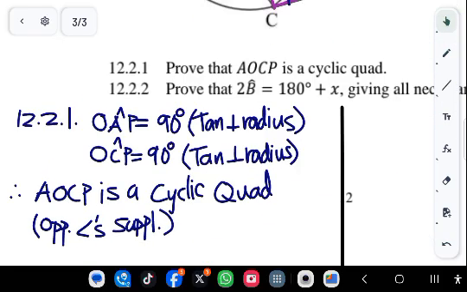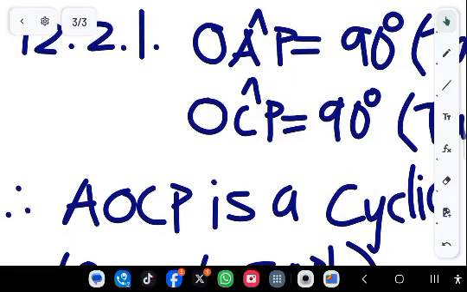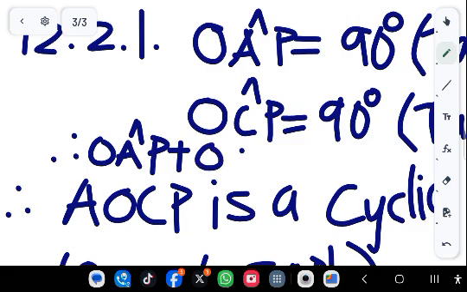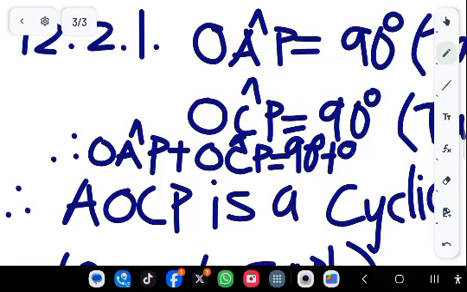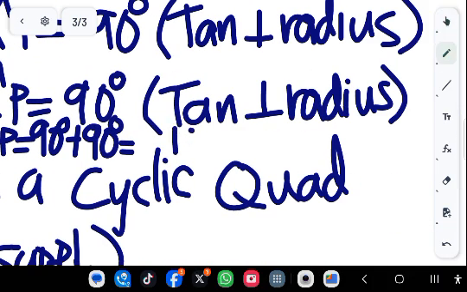Why? Because angle OAP plus angle OCP is equal to 90 plus 90, which is equal to 180 degrees. That is why.